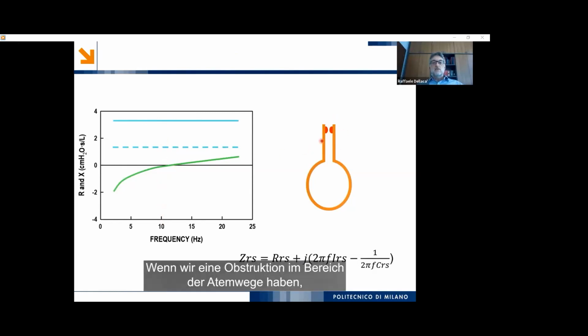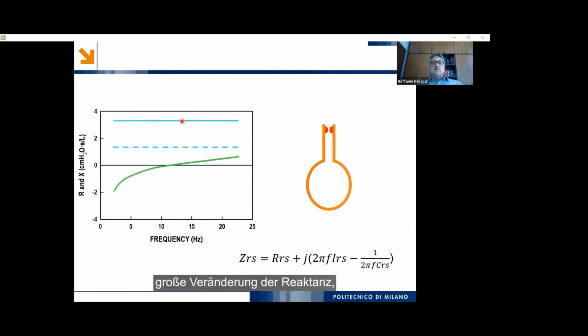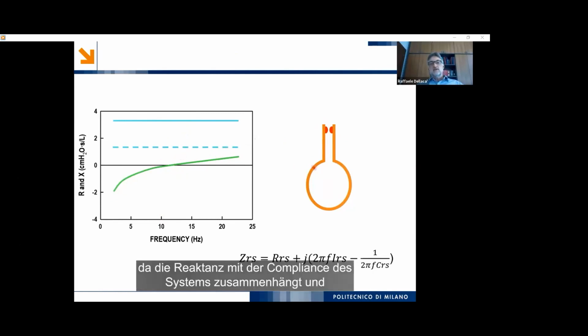If we have an occlusion at the level of the airways, this occlusion will increase the resistance of the airway. So what we are expecting to see is an increase of the resistance, but not a big change to the reactance, because the reactance is related to the compliance of the system and is therefore not affected by this obstruction.